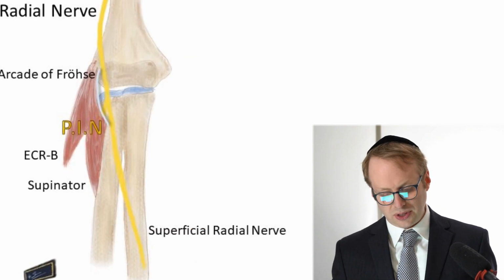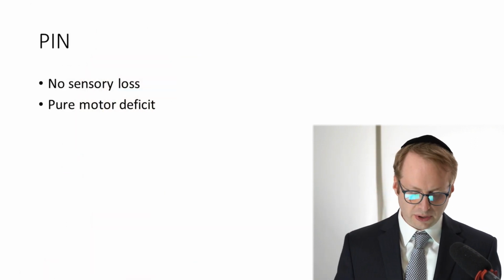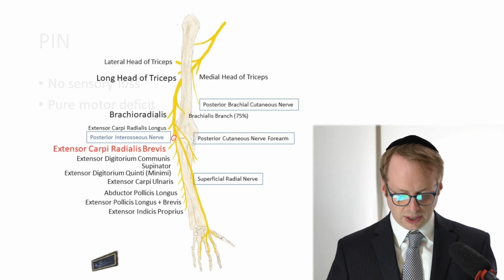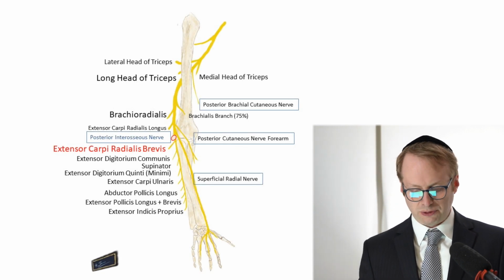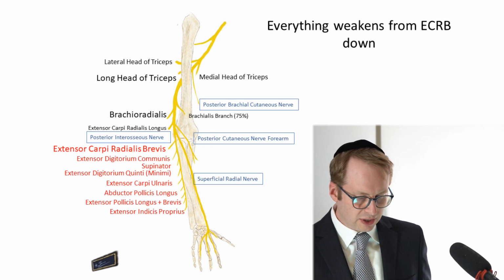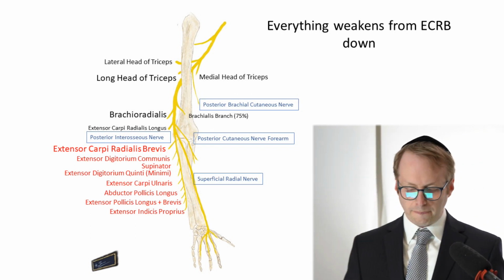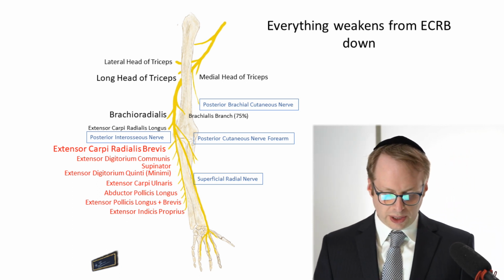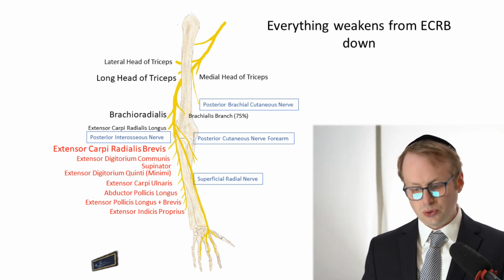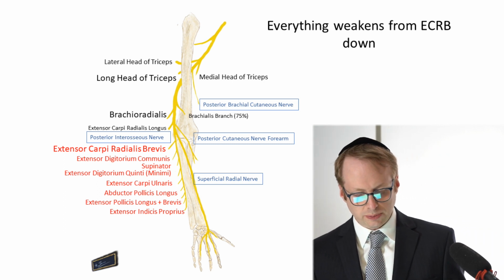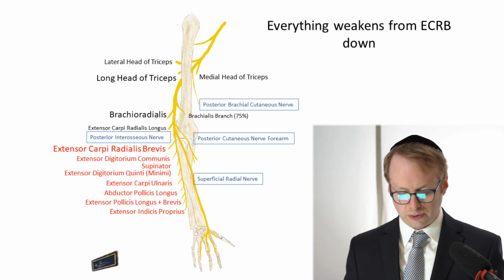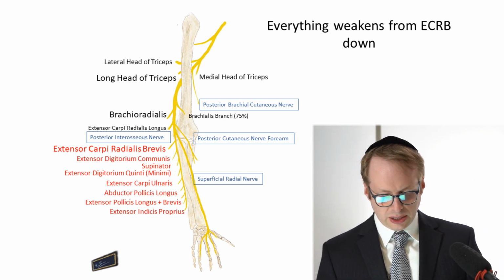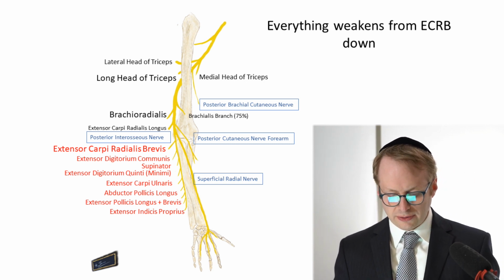However, in the posterior interosseous nerve lesions, it's very clear that there should be no sensory loss, and it's a pure motor deficit. And over there it will be a deficit from the extensor carpi radialis brevis, and so there will be some radial deviation when one tries to get the patient to do some wrist extension, because there will be still some strength from the extensor carpi radialis longus, but the extensor carpi radialis brevis will be weakened.